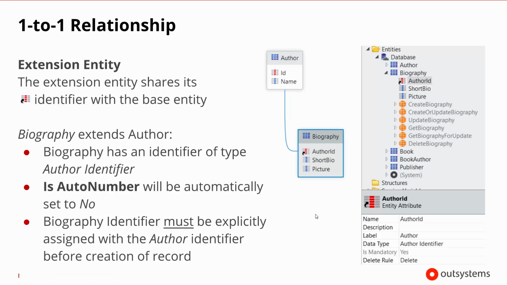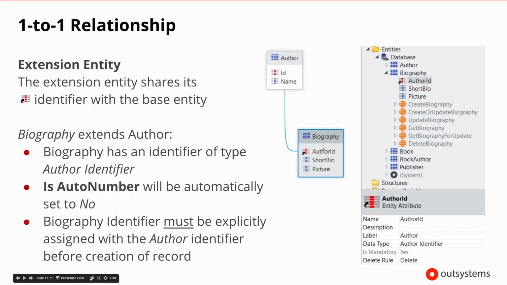Now, once we have relationships between entities, there are different types of relationships, and they will be diagrammed differently in the entity diagram editor. They represent different types of things. We said earlier that the author may have a biography, and the author has an ID to identify who they are.